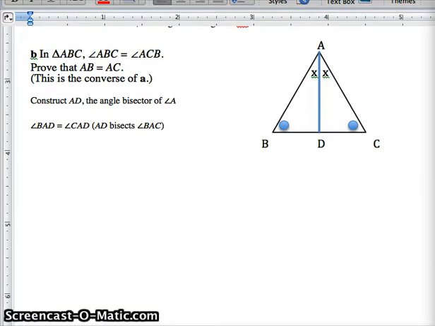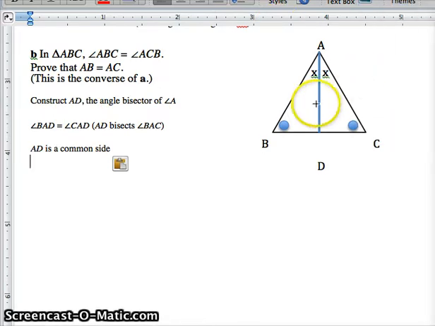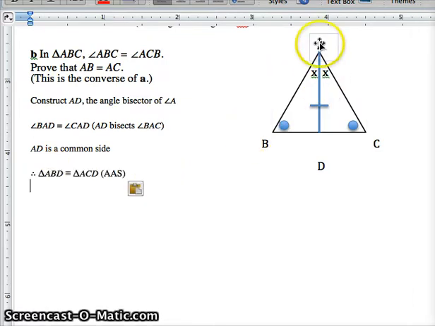We can see that AD is a common side. So that will be the next thing that we say, that AD is a common side. I'm just going to mark that in. You should mark it as well because it makes your working out and your proof very visual. So AD is the common side. Therefore we've got our three pieces of information, so these two triangles are congruent.